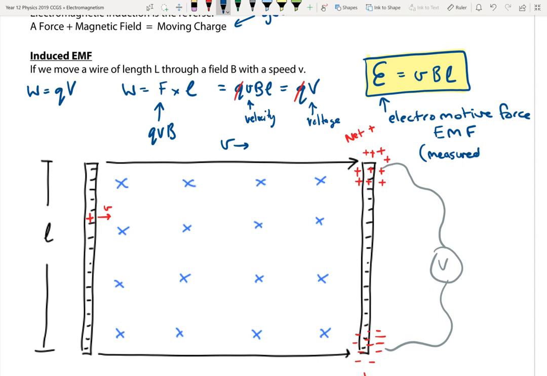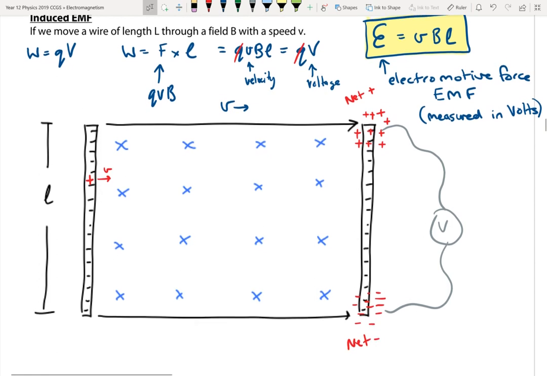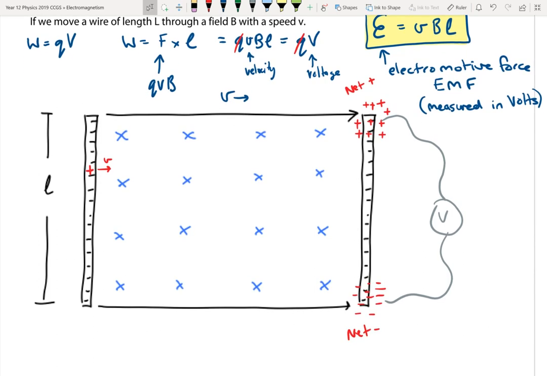So please recall, measured in volts. So if I was to give you the length of the wire, the strength of the magnetic field, and the speed at which we sweep that wire through, you can figure out the amount of voltage that might be set up across this wire.